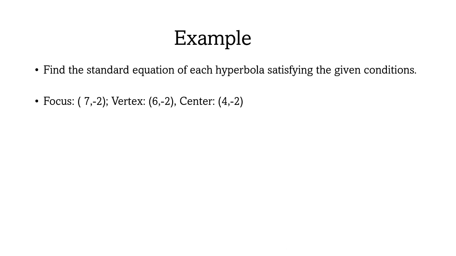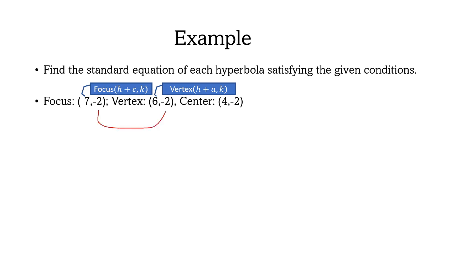Now we need to find again the standard equation of the hyperbola satisfying the given condition. So now we have a focus (7, -2), vertex (6, -2), and the center is (4, -2). So we have the center is not the origin anymore. Now we know the focus is (h plus c, k), and also we know the vertex is (h plus a, k). Now notice we're taking these formulas because k is not changing. So we have the same k.